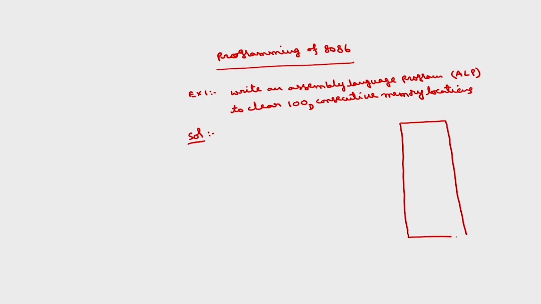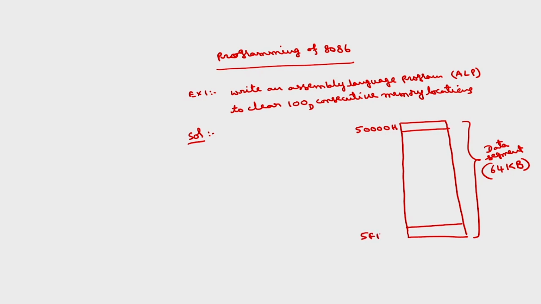As we discussed in earlier classes, the total memory of the 8086 is divided into 4 segments. So this is the 64 kilobyte data segment, starting with some address 50000H. 64 kilobytes means up to 5FFFFH.